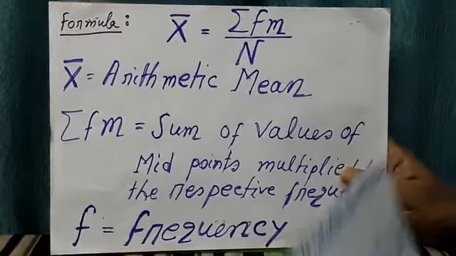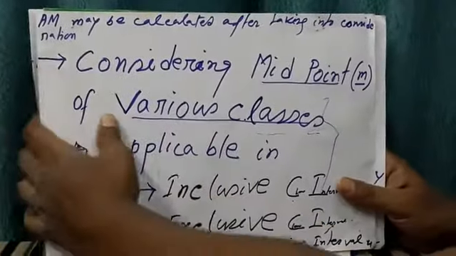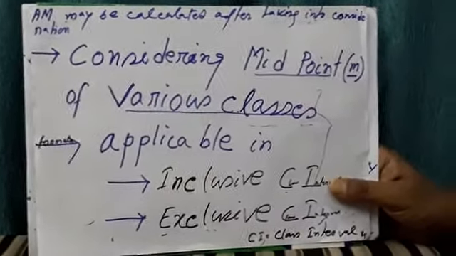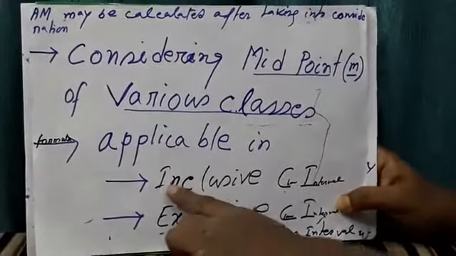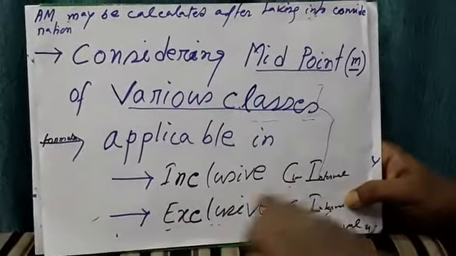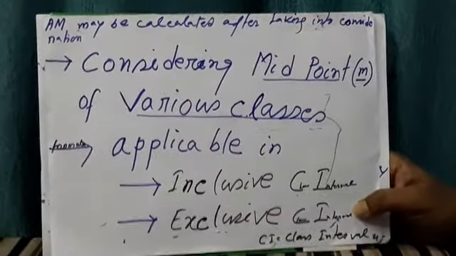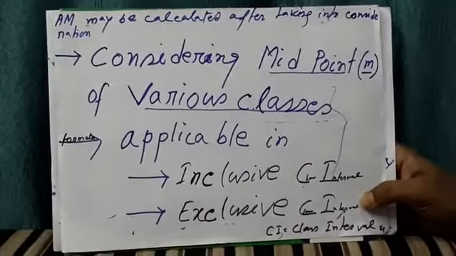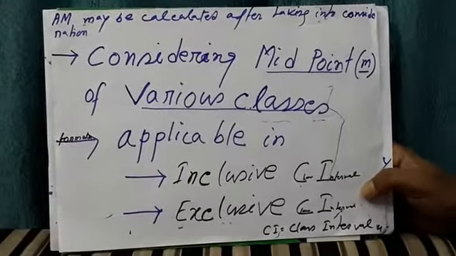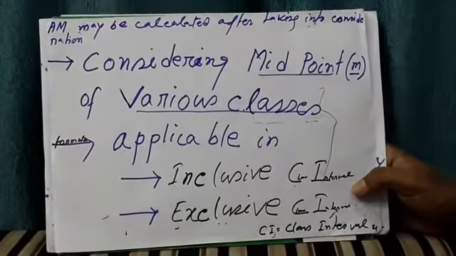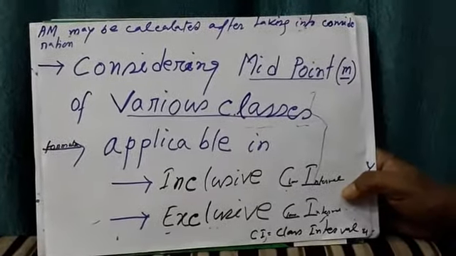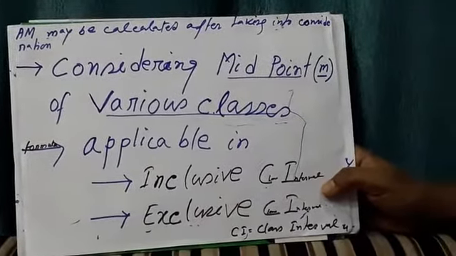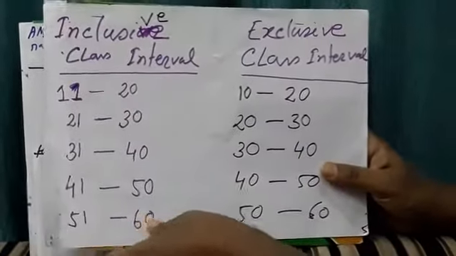Now this formula is also applicable for the inclusive class interval as well as exclusive class interval. Now we will learn what is inclusive class interval and exclusive class interval. But I will not go into the detail, I will just show you what is inclusive and what is exclusive class interval. This is the example of inclusive class interval.